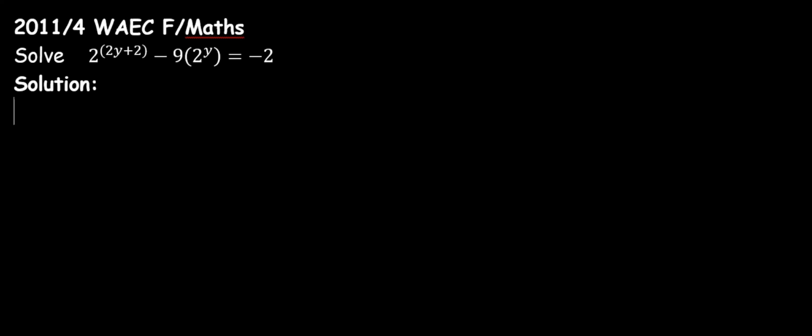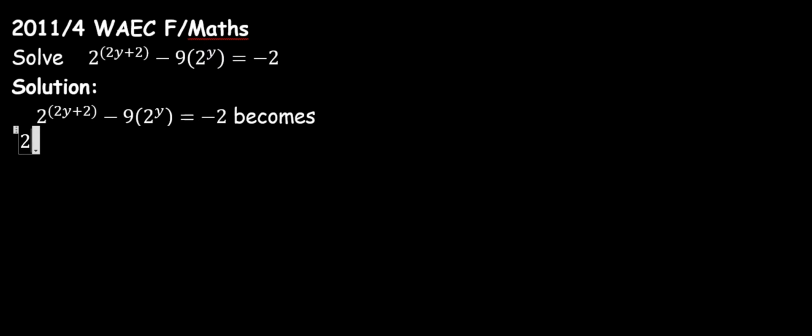Applying the law of indices, we have that 2 raised to power 2y plus 2, minus 9 into 2 raised to power y, equals minus 2, becomes 2 raised to power 2y times 2 raised to power 2, minus 9 into 2 raised to power y, equals minus 2.